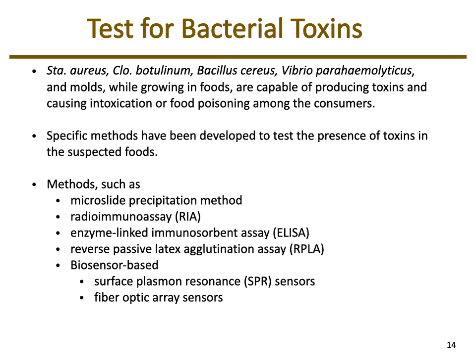For the testing of bacterial toxins, which method you utilize depends upon what toxin you're testing for. There are a number of different methods, and many of these are immunological based.